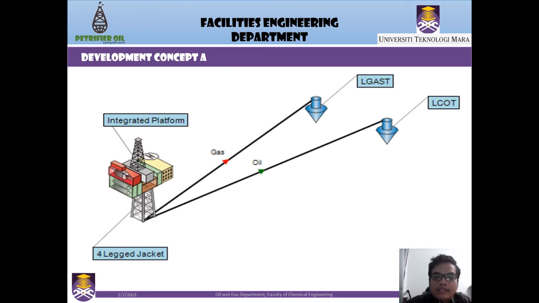And as you can see from the figure shown, once the hydrocarbons have been processed, they will be transported via a built pipeline to the Labuan terminals, namely Alcod for the oil and Algas-T for the gases.